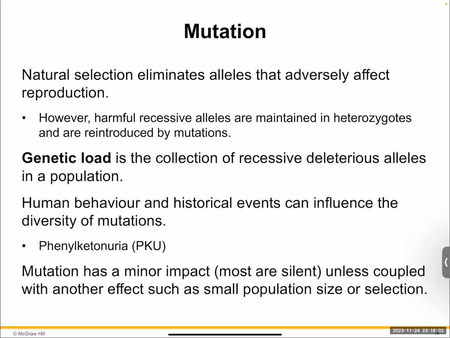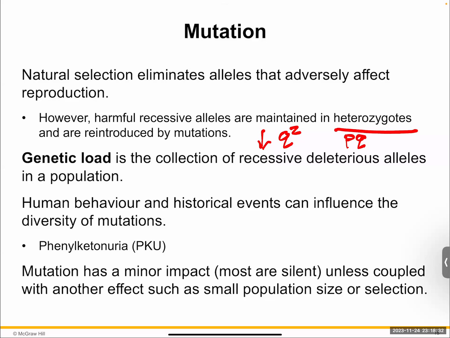Natural selection basically allows you to eliminate alleles that may negatively affect you, but the recessive alleles will be maintained in the heterozygous form, right? So that means that your q2 might be very low, but you still may have a chance of carrying it in the form of heterozygous genetic information.